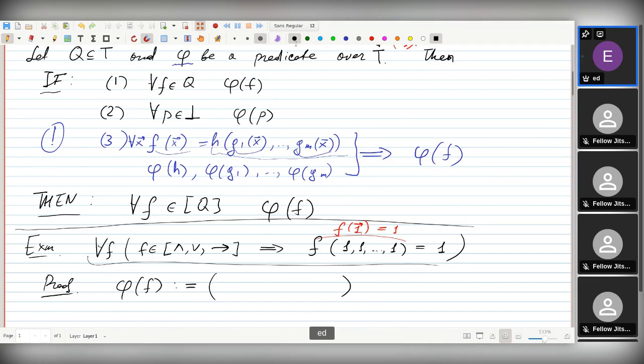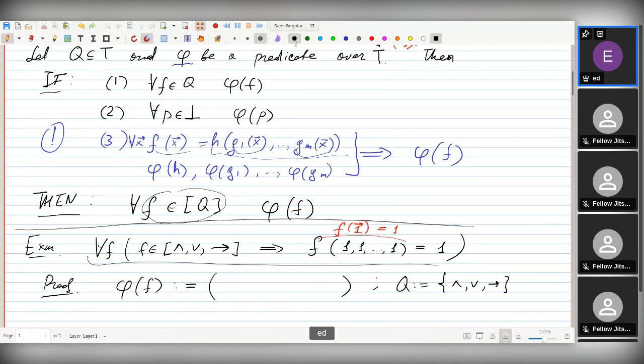What is phi of f? What I'm proving about every function from Q here, where Q is just the set of these three Boolean functions. But what is my property? Isn't it clear? You know, a predicate takes a function and returns a statement. So I need a statement about f.